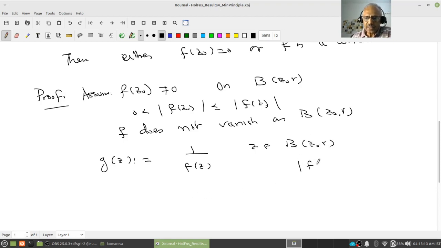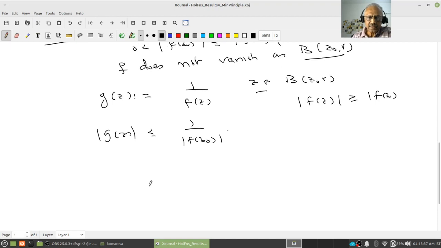Since mod f(z) is greater than or equal to mod f(z0) for such z, what I have is mod g(z) is less than or equal to 1 by mod f(z0). You understand that? And z0 is a point of this open ball.